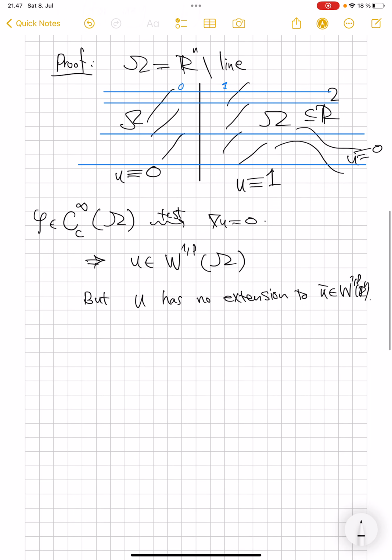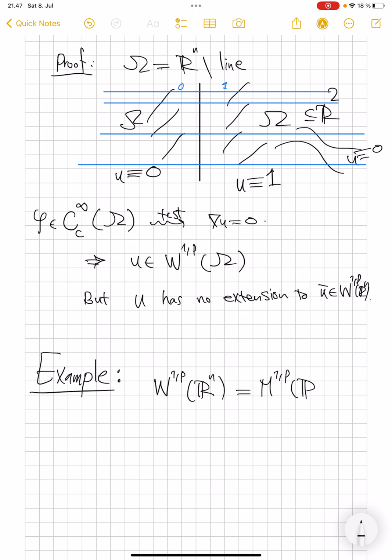A related example, maybe first we should talk about positive examples. W1P of all of Rn is indeed equal to M1P of all of Rn, and this is how one motivates the definition of M1P.